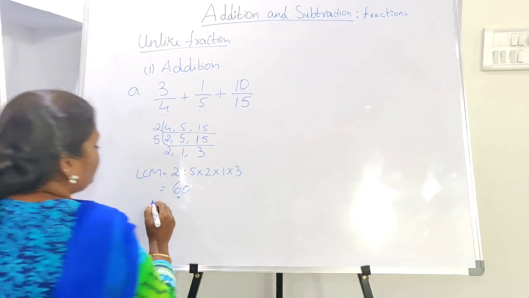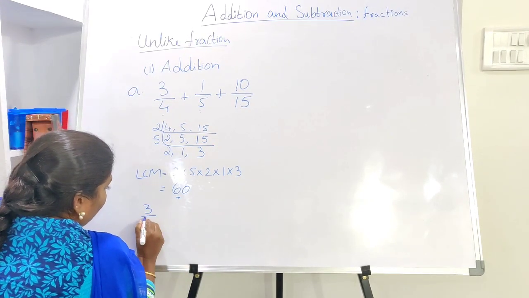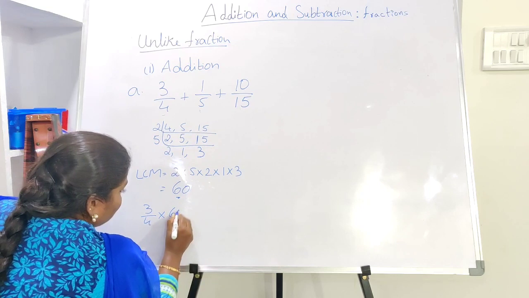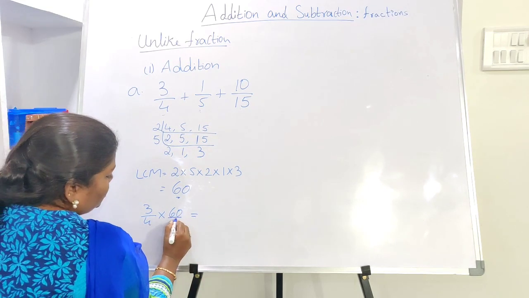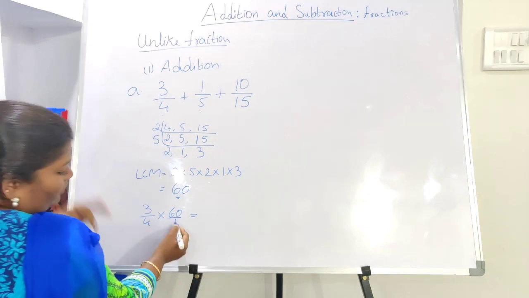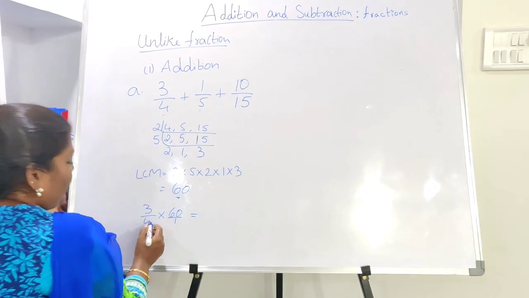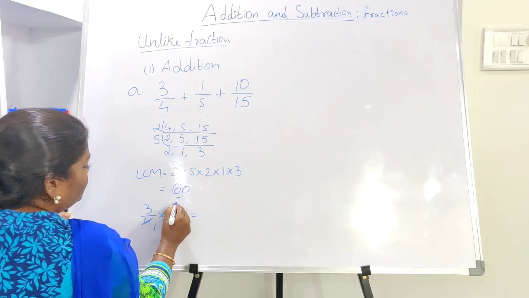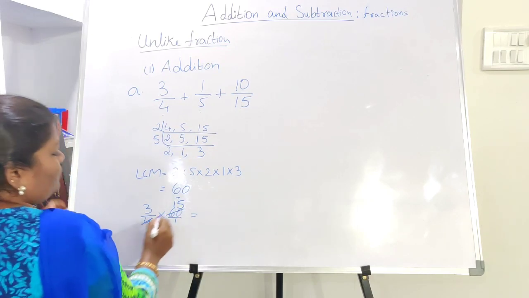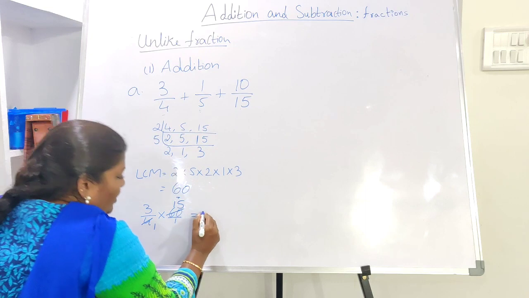Now take the first fraction, 3 by 4, multiply with the LCM and you have to find out. Now 60 in the sense 60 by 1. To avoid confusion you can write like this. So 4 ones are 4, 4 15s are 60. So 15 3s are 45.